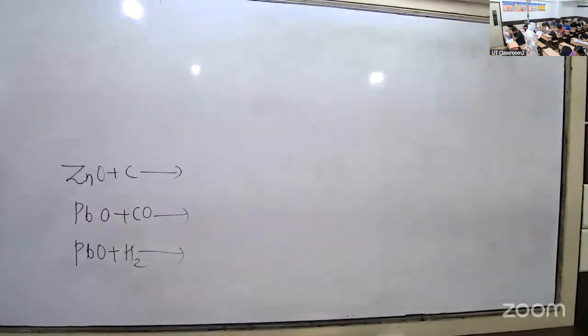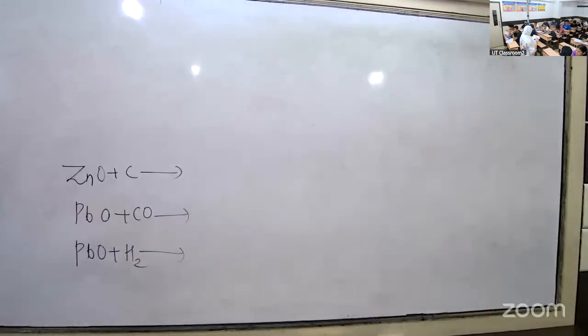So the first one, ZnO with C: two products are there, Zn plus CO. Carbon monoxide is separated along with zinc, so this process can be used in metallurgy. You will get pure metal by using this particular reducing agent.